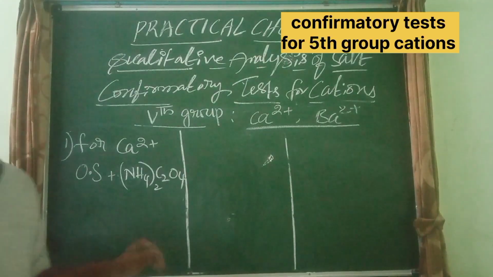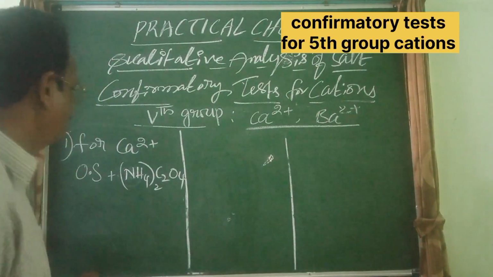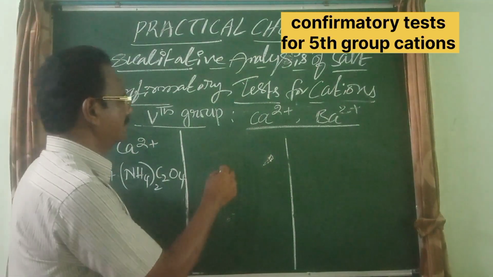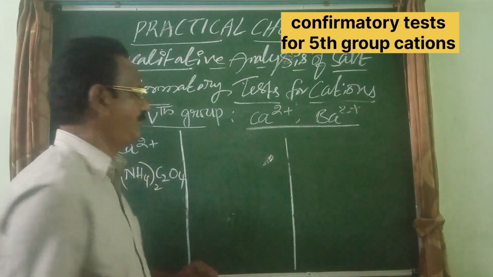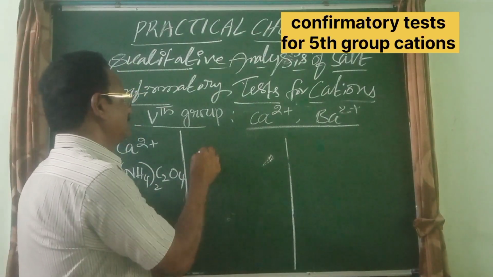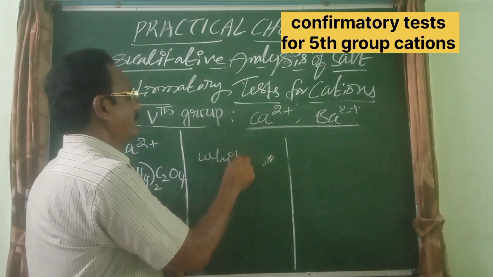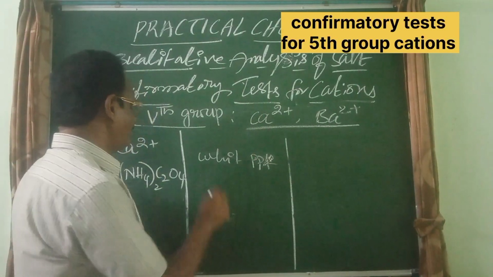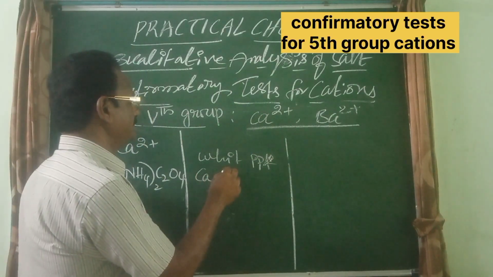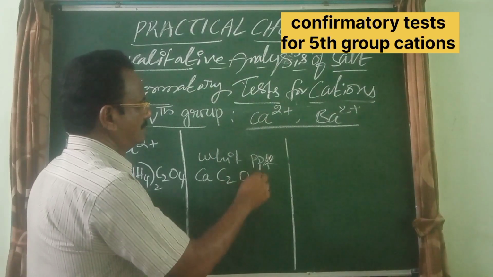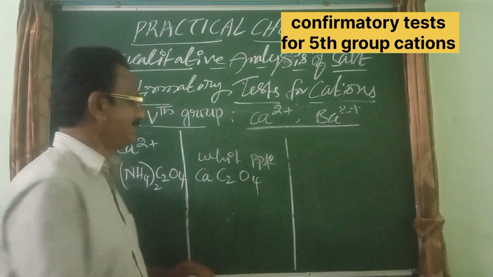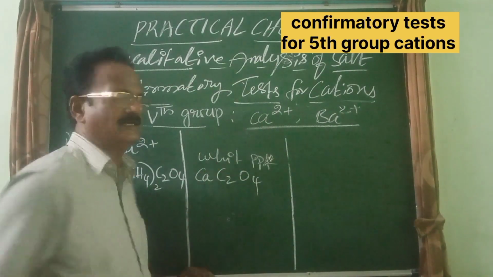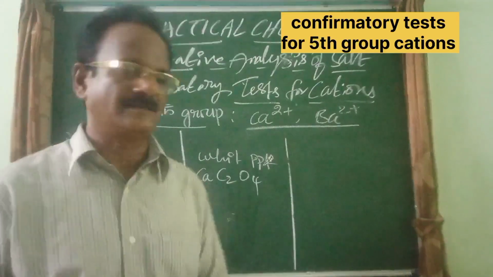Then the formation of a white precipitate takes place. The formula of this precipitate is calcium oxalate.